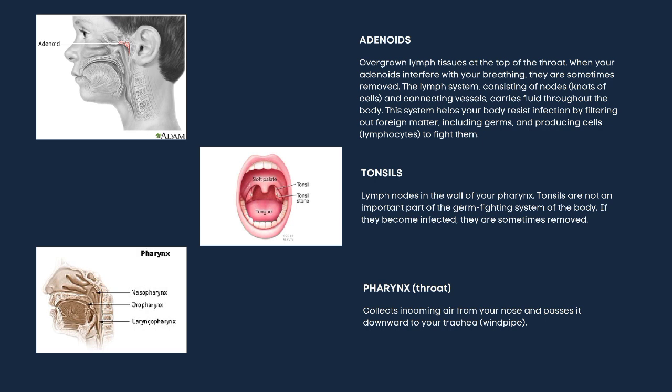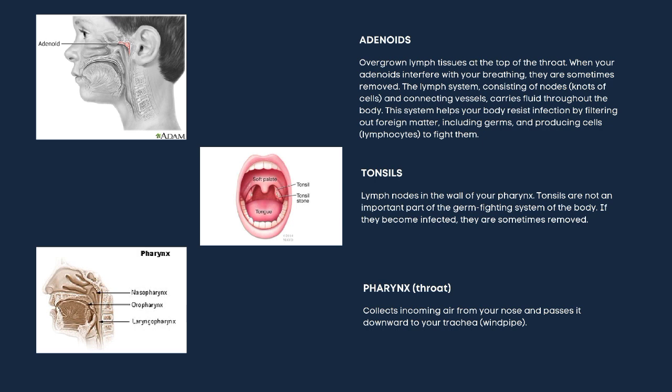Next is the tonsils. They are lymph nodes in the wall of your pharynx. Tonsils are not an important part of the germ-fighting system of the body. If they become infected, they are sometimes removed. Though small and seemingly useless, tonsils have several uses.